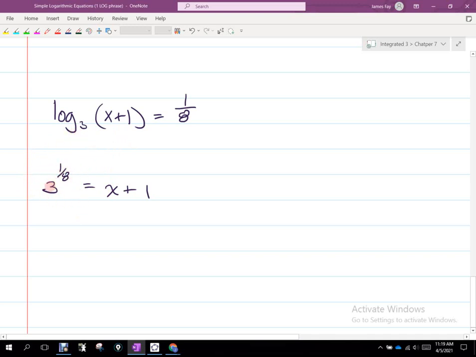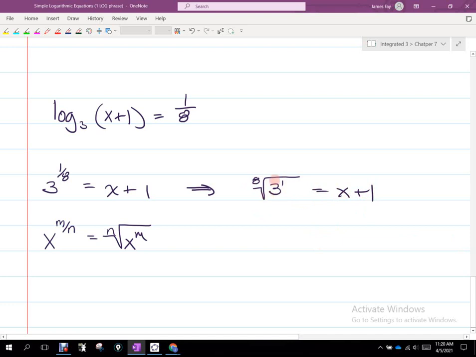But if you remember, anything raised to a fraction like this, we had the rule that if I had x raised to the m over n, I could change that to the nth root of x to the m. So in my problem here, I'm going to go 3 underneath the radical. The m was a 1, so it's going to have a 1 right there, and an 8 right there, equals x plus 1.